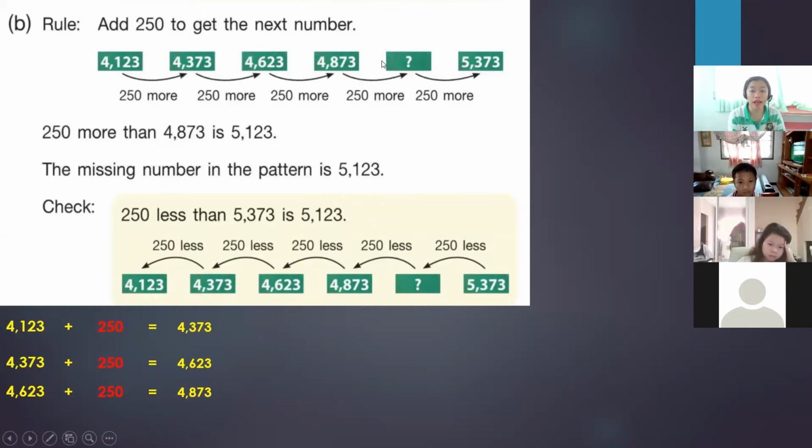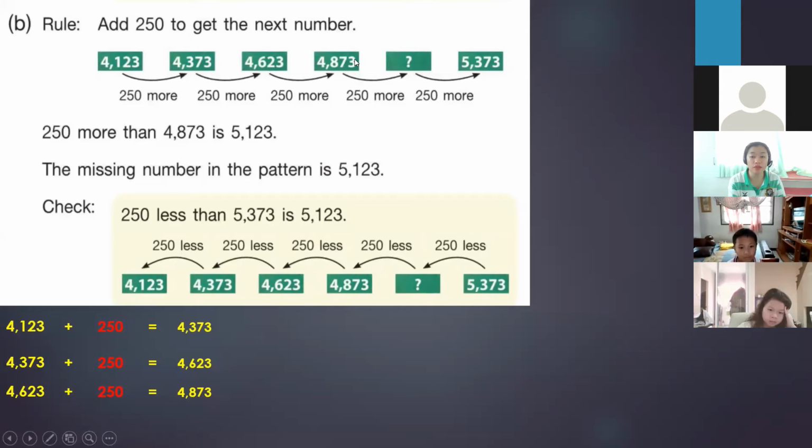So we're going to add 250 to 4,873. So 4,873 plus 250 is equal to 5,123. So the missing number here is 5,123.